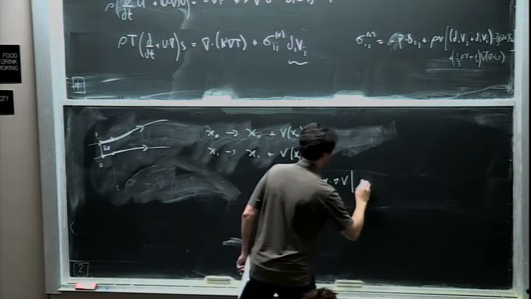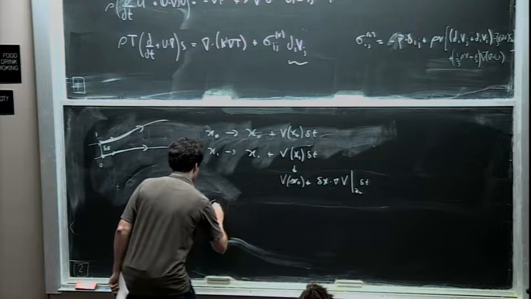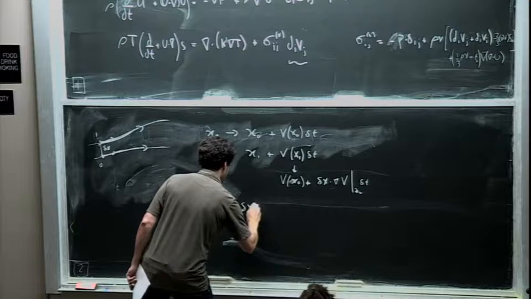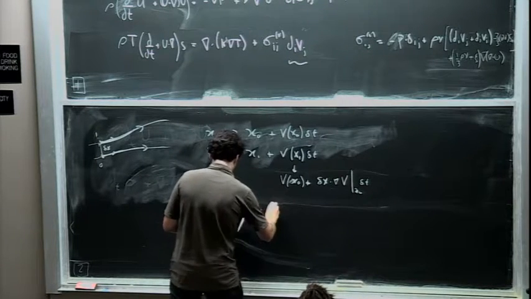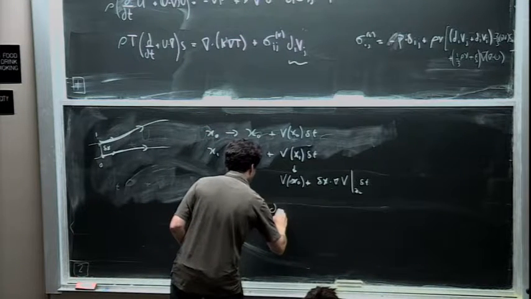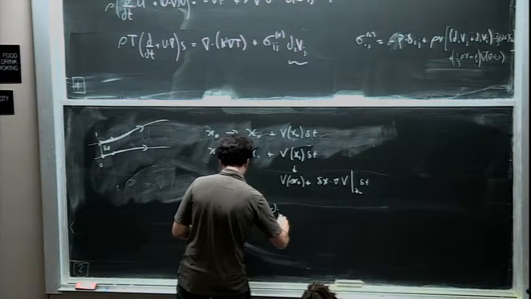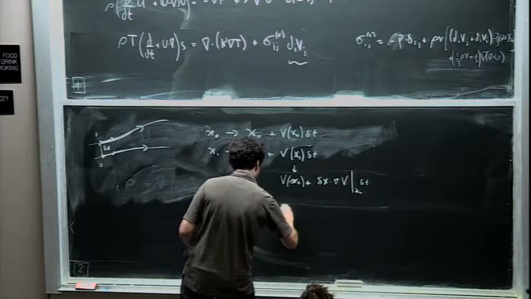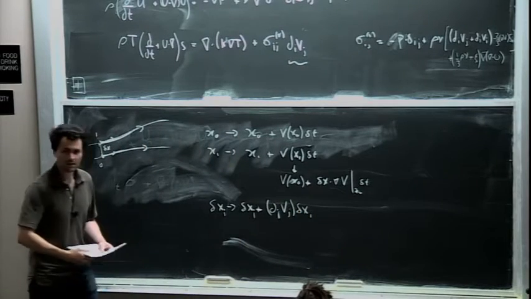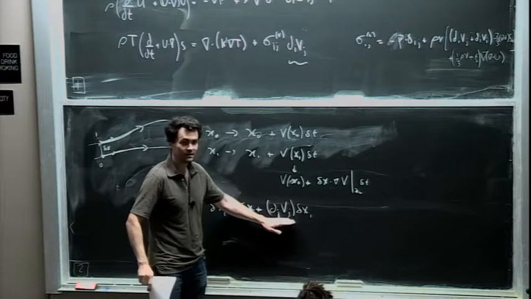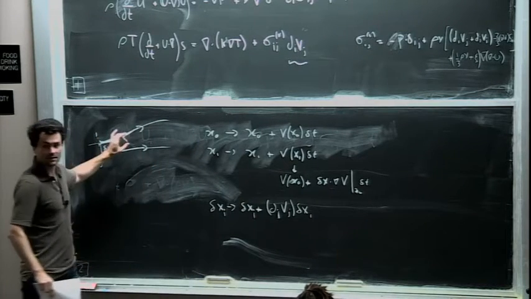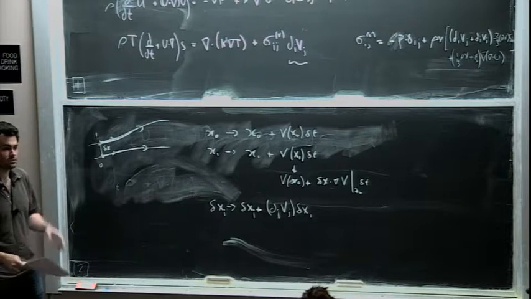So if I include my delta t term over here, what happens is that my separation vector delta x goes to itself plus, I'm going to write this as, delta x_i plus delta t times d_i v_j times delta x_i. In other words, my gradients in my velocity represent a simple transformation which deforms any lines joining two points in the fluid.